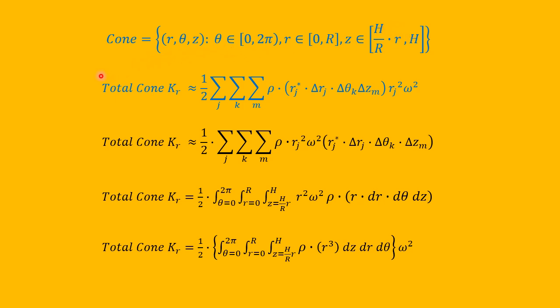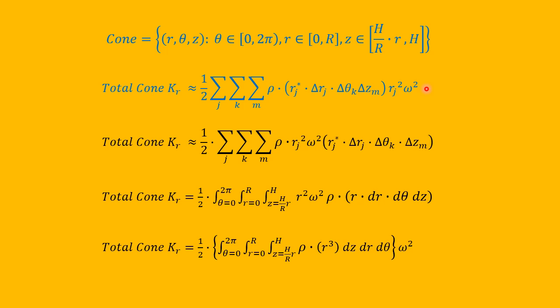We saw on a previous slide that the total rotational kinetic energy of the cone was approximated by this sum. We got that by partitioning the cone into little pieces. Each piece we represented using cylindrical coordinates, and then we summed the energies of all of those pieces rotating about the axis of symmetry of that cone.